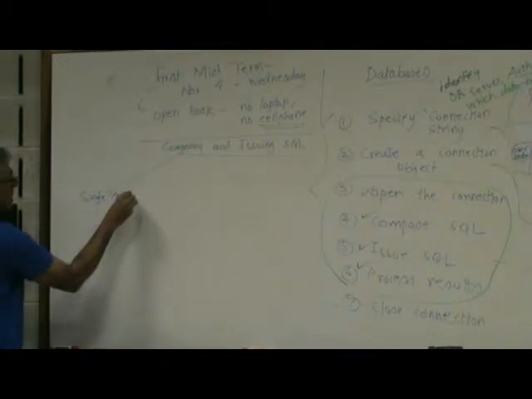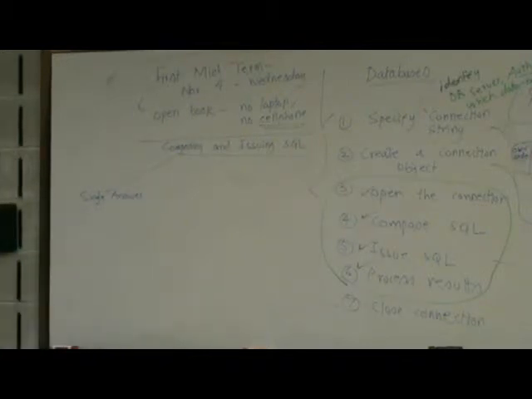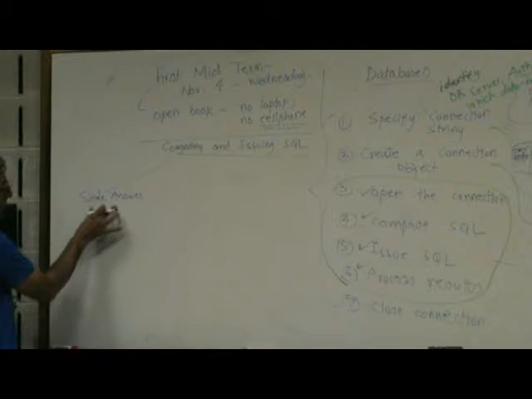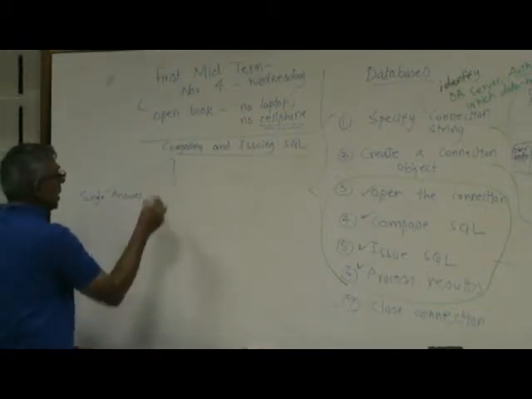The single answer situation could be you are trying to log in. All you care is, does this user exist in the database? Or you wanted to find the price of a product. See, in that case, all you care is what is the price given some product ID. So those are the type of situations where we want just one answer from the database, right?